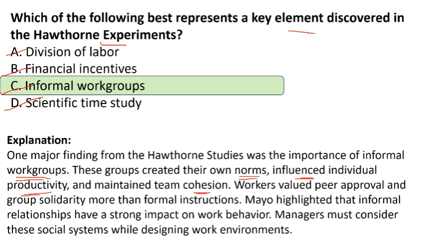Workers valued peer approval and group solidarity more than formal instructions, as I have told you. People feel more positive, more motivated with peer approval than with formal instructions. Clear? Mayo highlighted that informal relationships have a strong impact on work behavior, right?